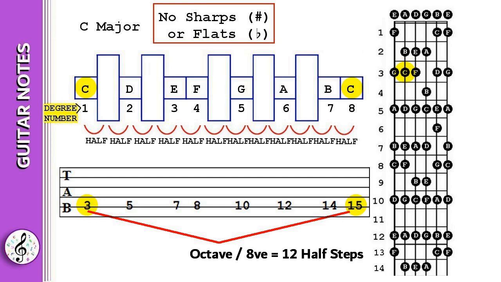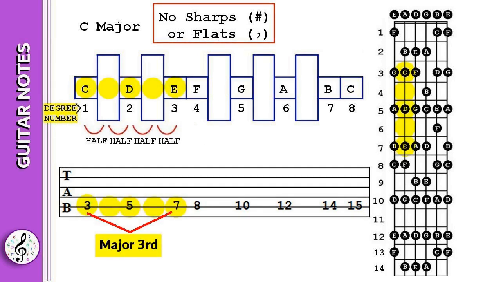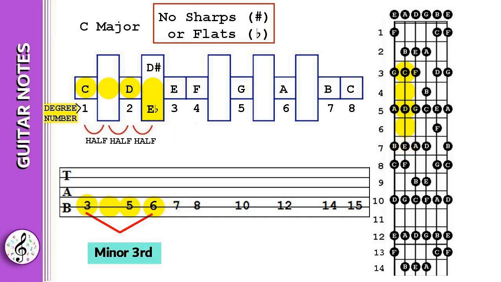When people are talking about intervals, you may also hear an extra bit of information they give you. For example, C to E has 1, 2, 3, 4 half steps, and it's called a major third. Now, from C to E flat, it has 1, 2, 3 half steps, and that is called a minor third.